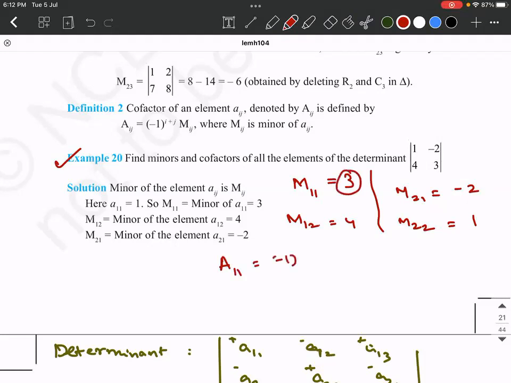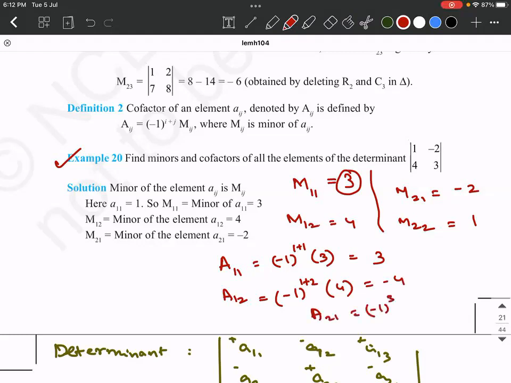It is minus 1 power 3 into, and so on. Is there anyone who is not able to understand? So minus 1 power 1 plus 2 into 4, minus 4. Then what about A21?